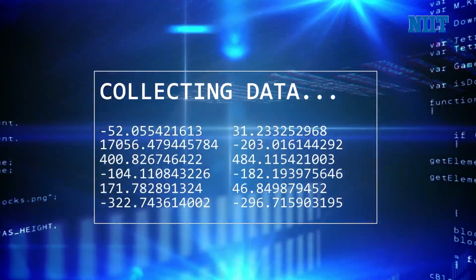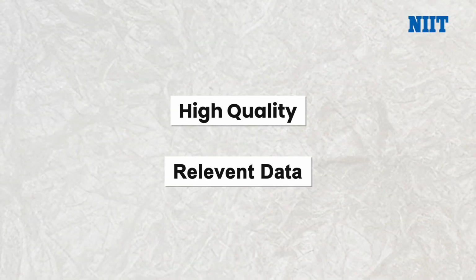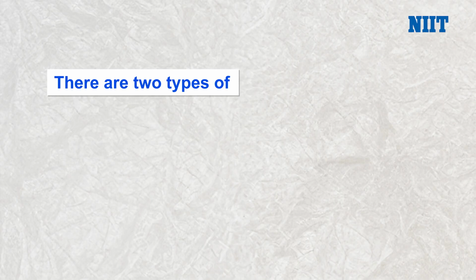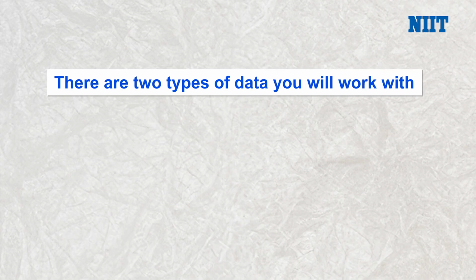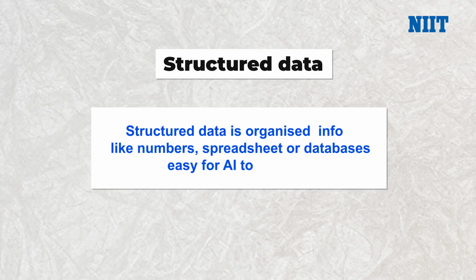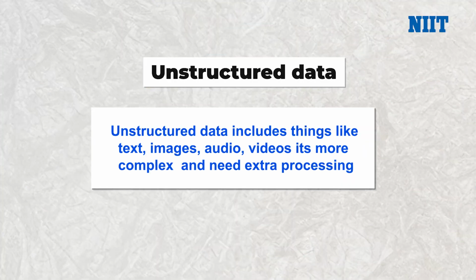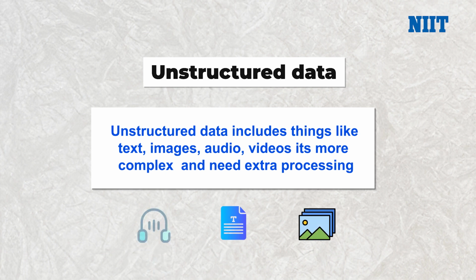Think of data as the fuel that powers your AI agent, and you will need high quality and relevant data to train your agent well. There are two types of data that you will work with: structured and unstructured data. Structured data is organized info, like numbers in spreadsheets or databases, easy for AI to handle. Whereas unstructured data includes things like text, images, audio, videos.